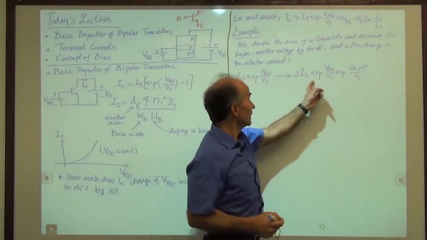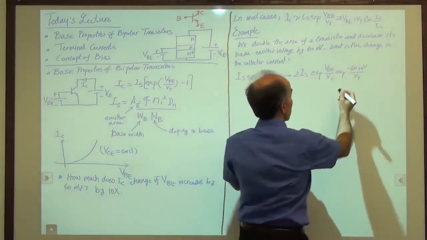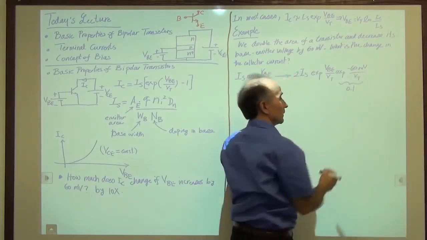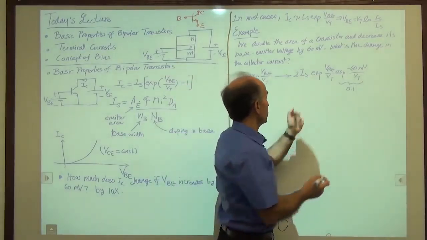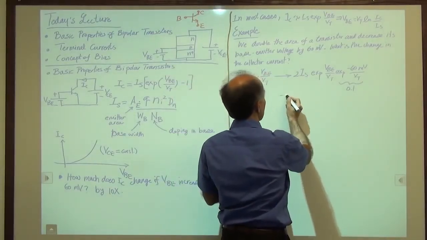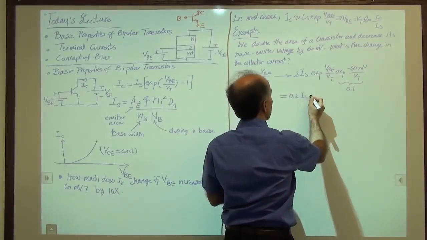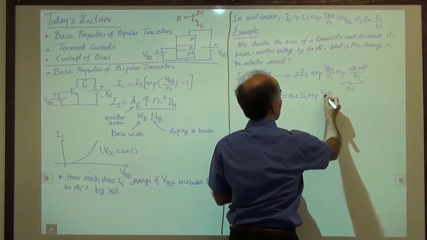How much is that? This factor we know is 0.1, since every 60 millivolts changes the current by a factor of 10. So the new current is equal to 0.2 IS exp of VBE over VT.